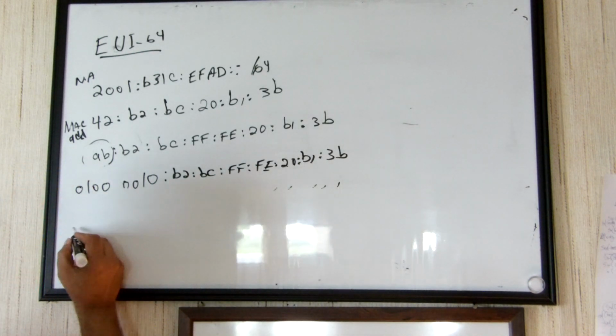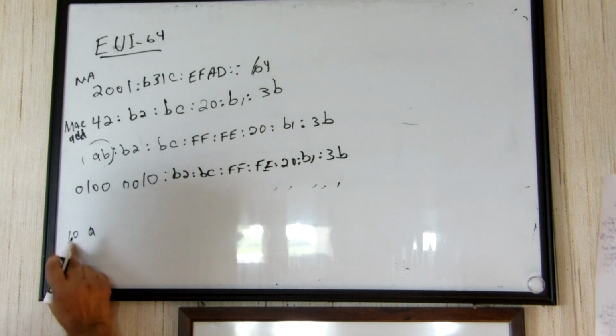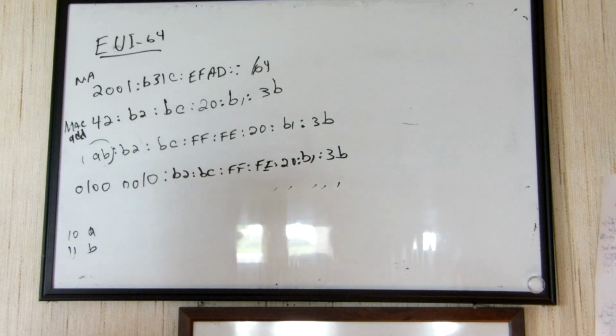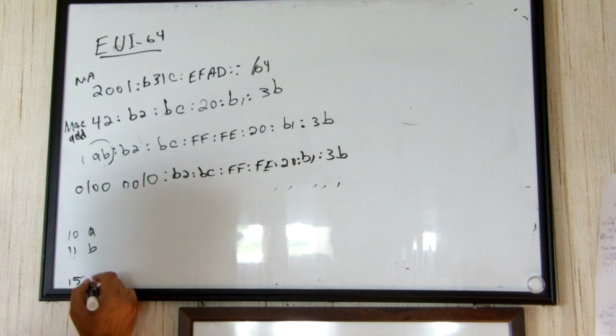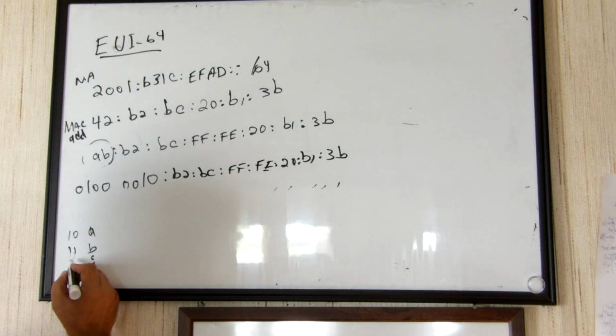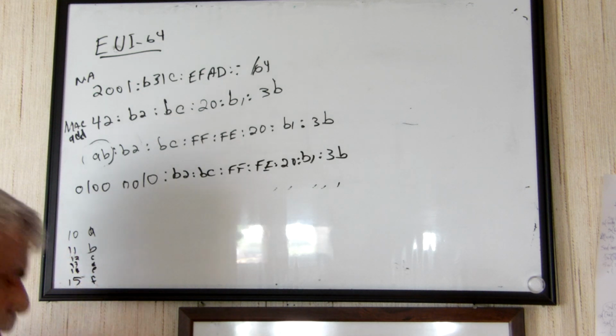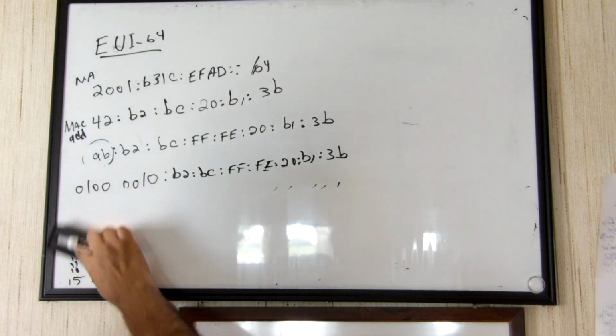What is A? A is 10, B is 11. You remember we say 0 to 9, and then from 10, 11 up to 15 it's A, B, C, D, E, F: 10, 11, 12, 13, 14, 15, F the last letter.